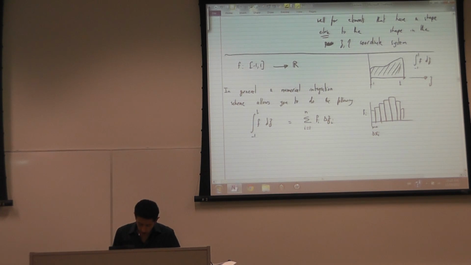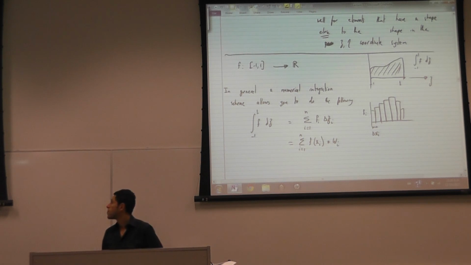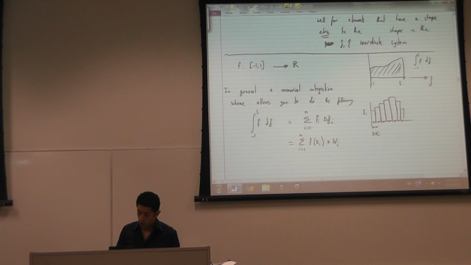I can look at it as if it's equal to the sum, i equals 1 to n, f of xi multiplied by a weight, where this is x1, x2, x3, x4, x5, x6, x7. These are different points, and each point is multiplied by a weight.